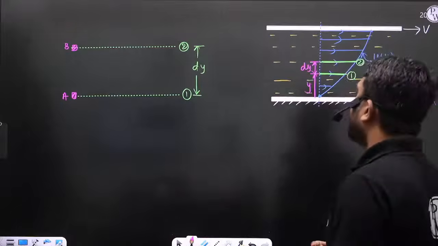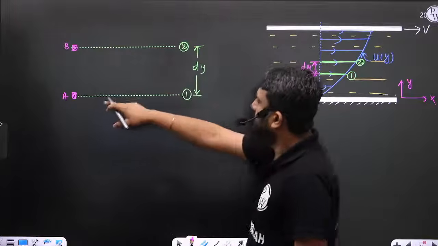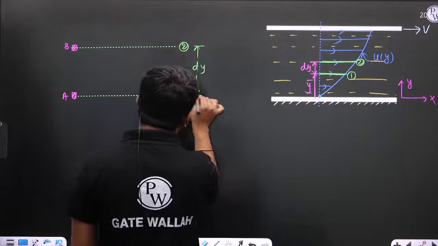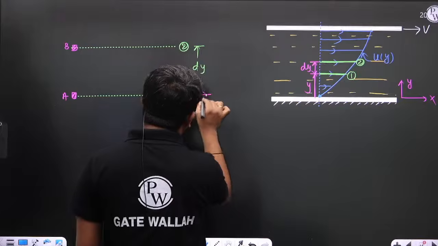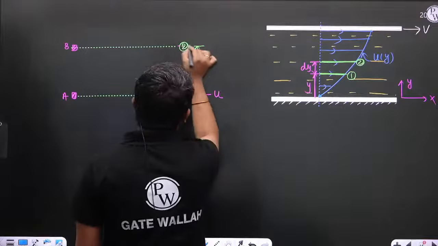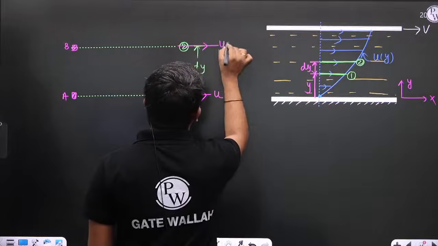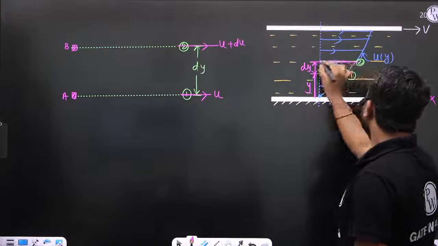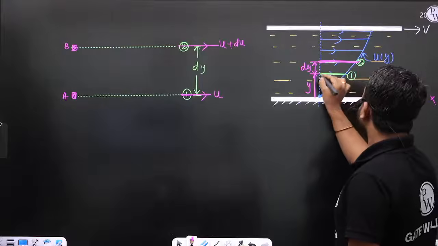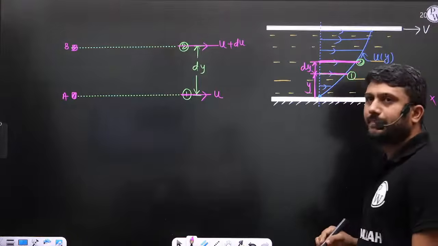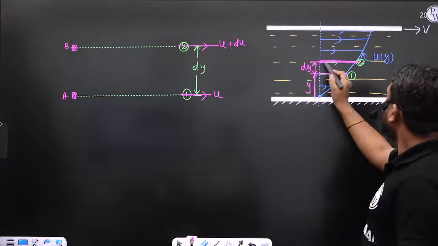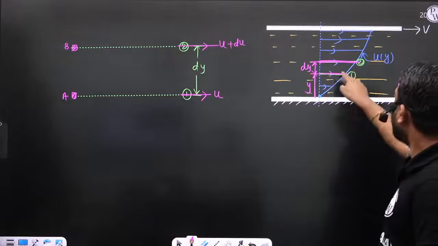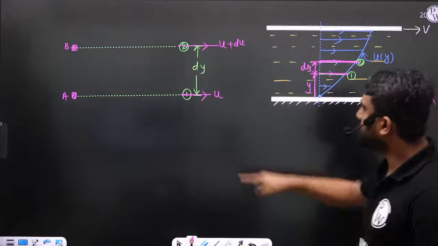See here, let us consider this layer is moving with velocity u and this layer is moving with velocity u plus du. Definitely this layer has more velocity as compared to the other.